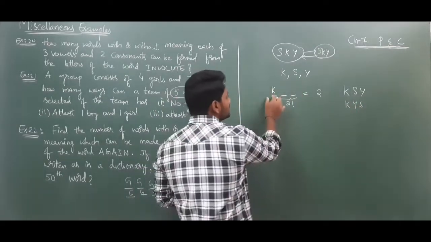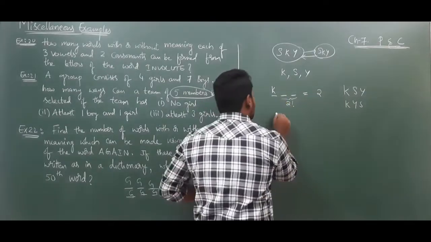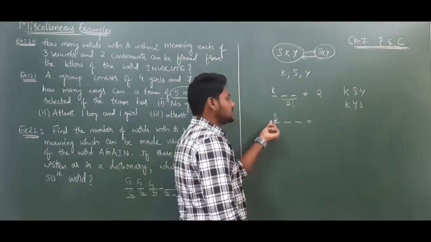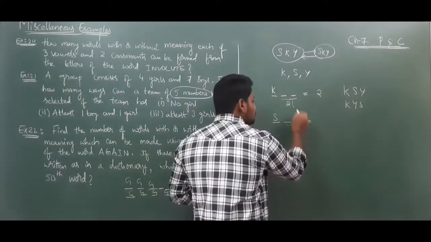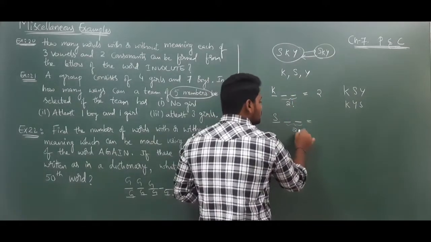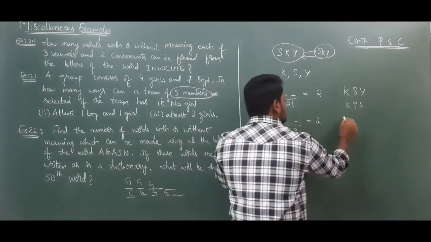Next, K is over. After K, the next alphabet is S. With S as the first letter, the remaining 2 letters can be filled in 2 factorial ways, so again 2 words. What are those?